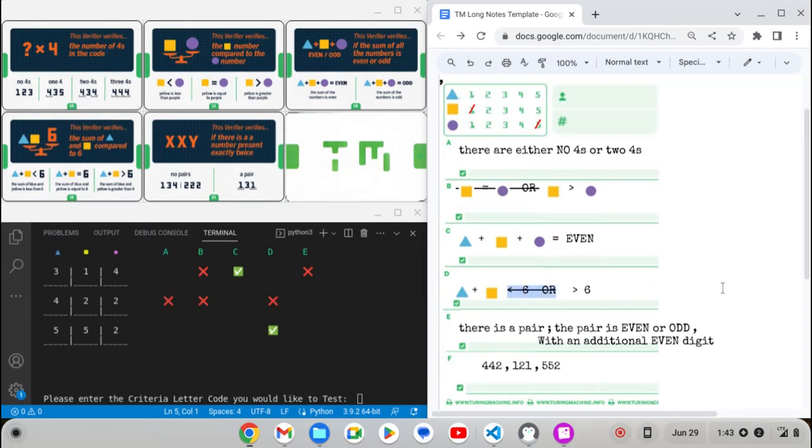So we know it is greater than, and then I still have to test A. So let's see. Yeah. Okay. So it's not 4 4 and it's not 4 4 2 and it's not 1 2 1.